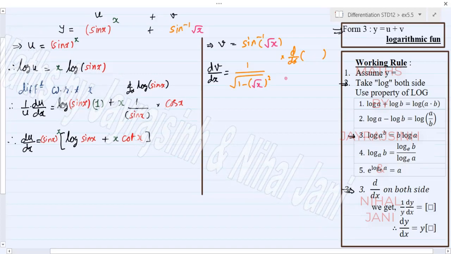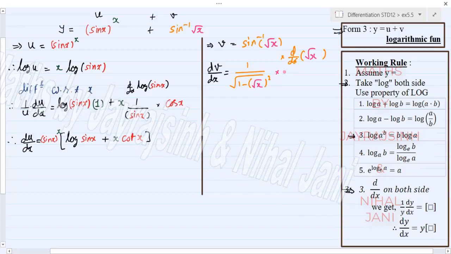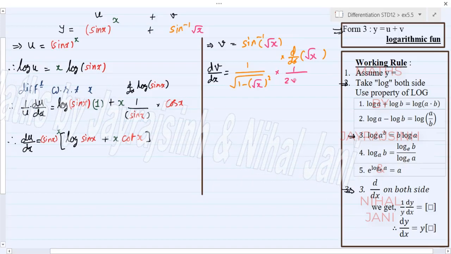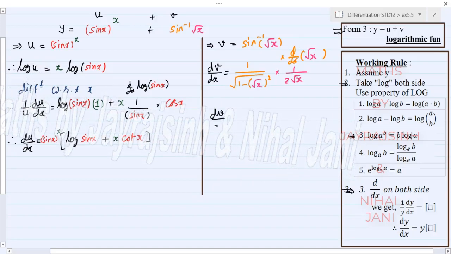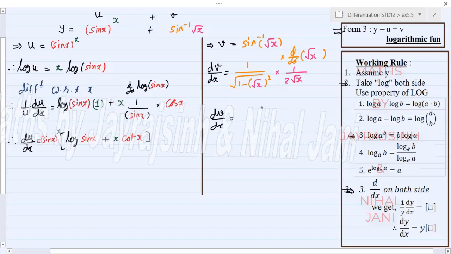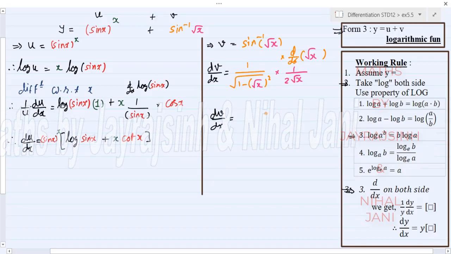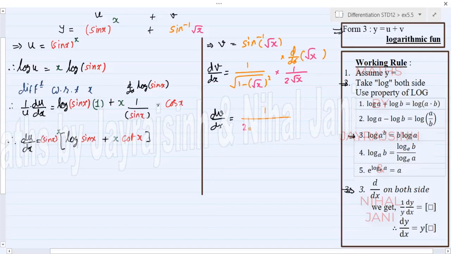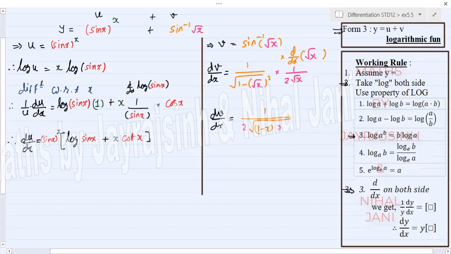Within the box we have root x. So differentiation of root x is simply 1 upon 2 root x. So your dv by dx is simply 1 upon 2 under root of 1 minus x into x.